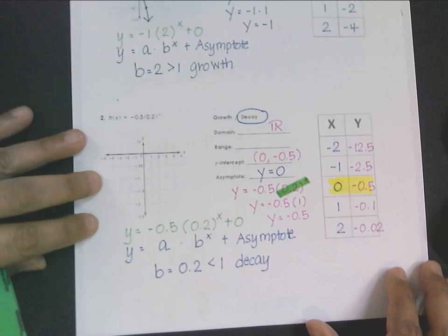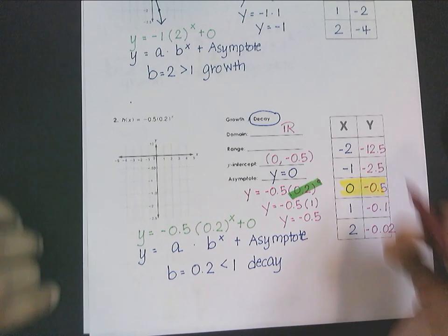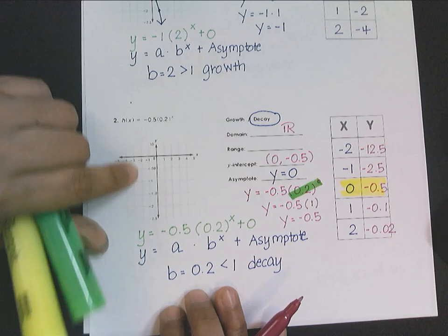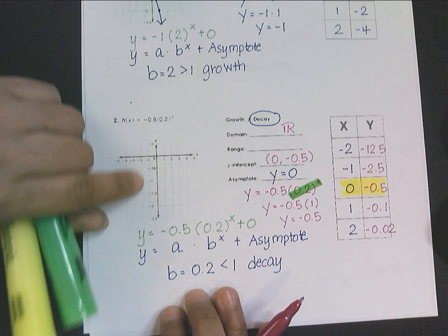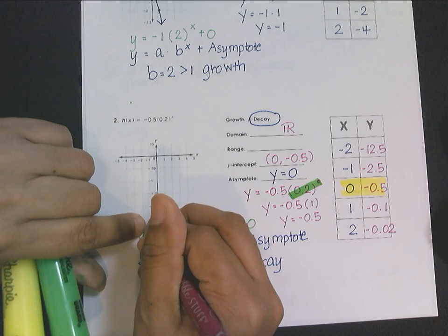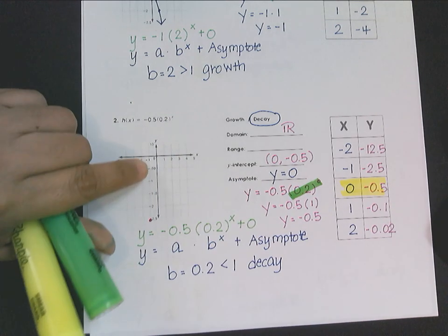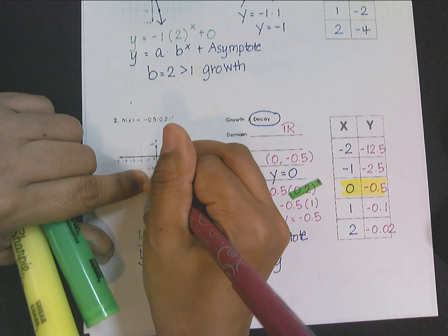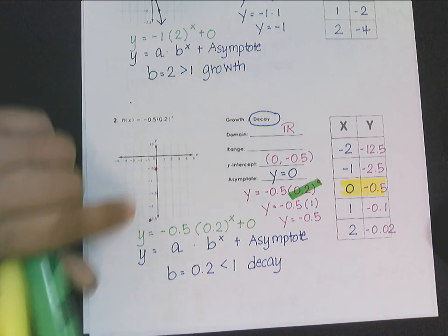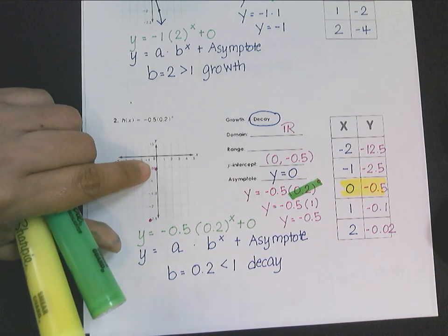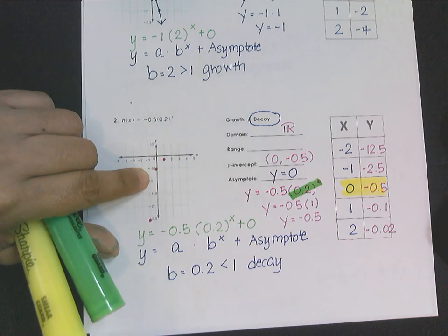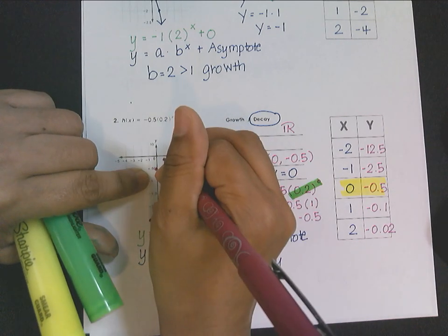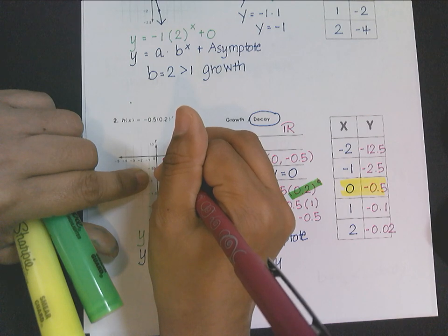And so in my range, I'm going to graph it. -12.5 is way down here, so I didn't have space for that. -2.5, so I'm going to graph it right here. -0.5, right there. -0.1, which is pretty close. And then 2 is -0.02, so it's really close.